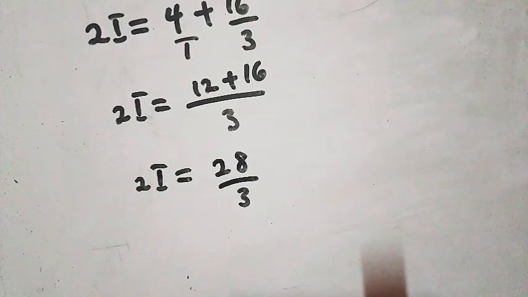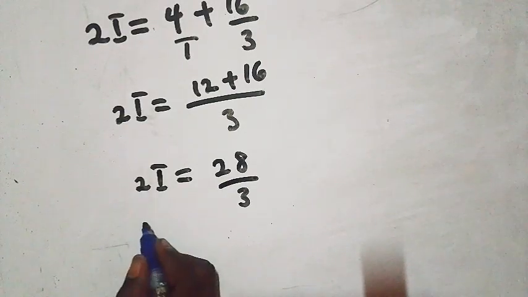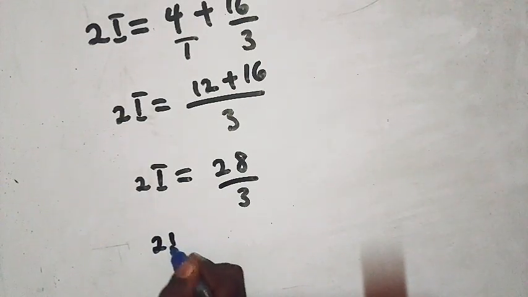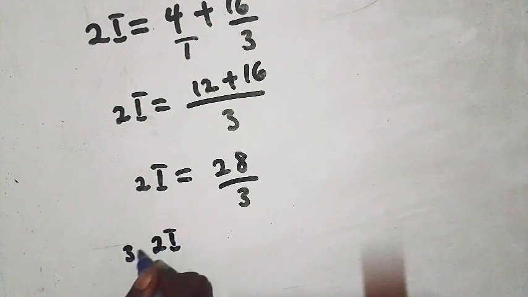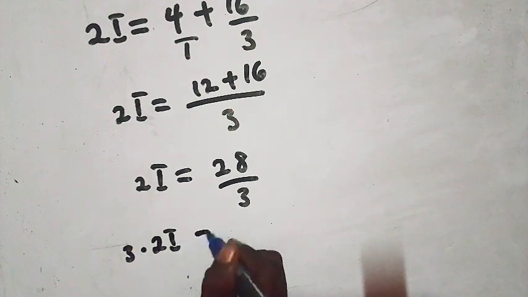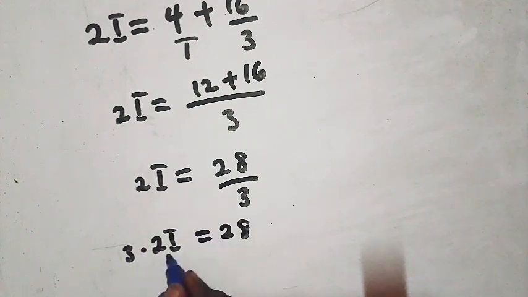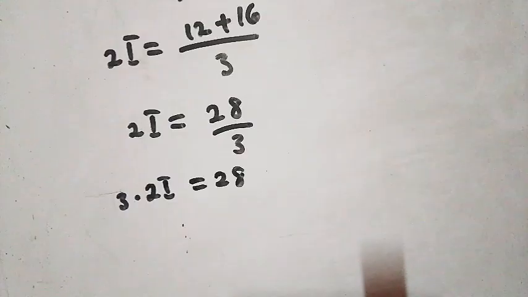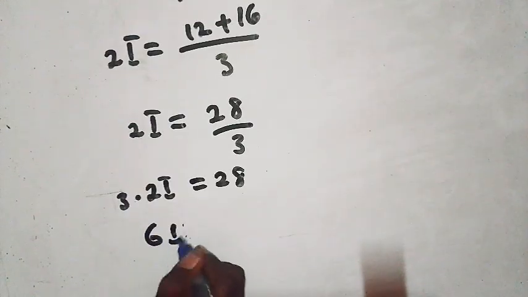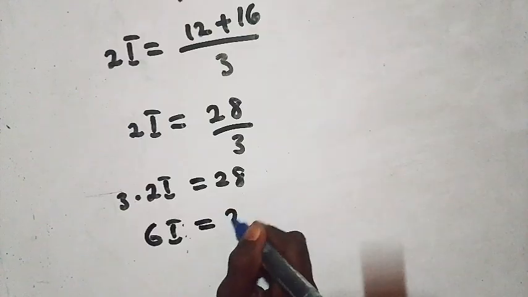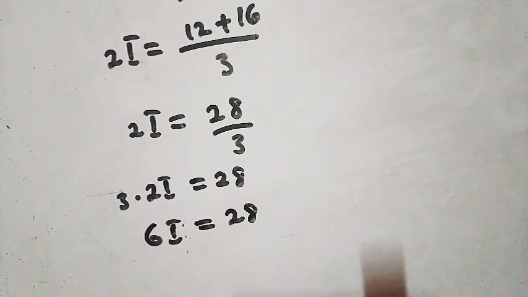By cross multiplying, 3 times 2I equals 28, and 3 times 2 will give us 6I equals 28. We have to look for the value of I.